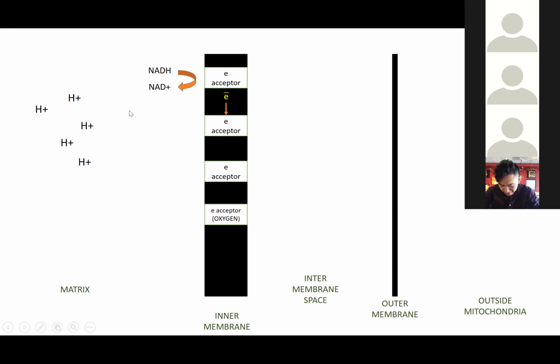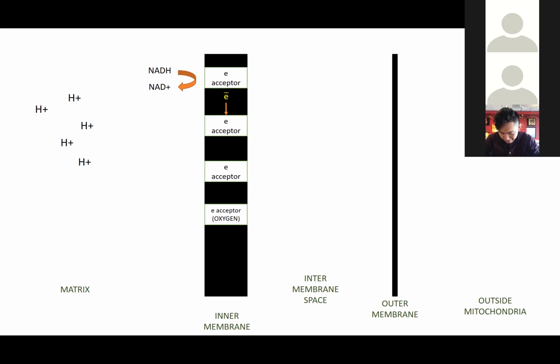And every time you pass an electron to give it to the electron transport chain, one H plus crosses the membrane and goes from here to the intermembrane space. So one H plus went from here to here as one electron crossed the membrane.